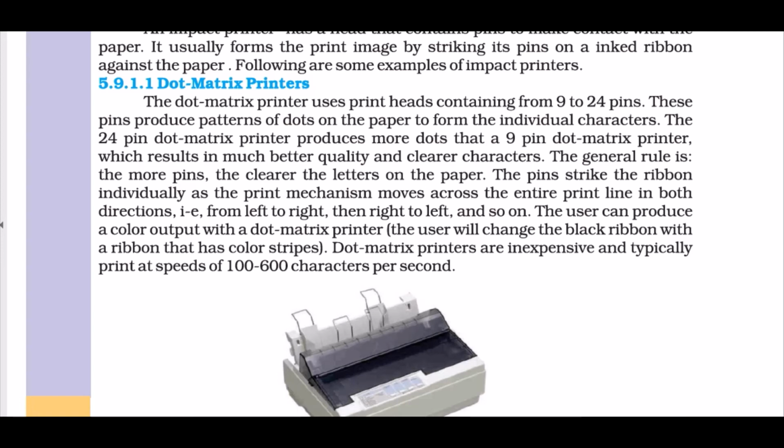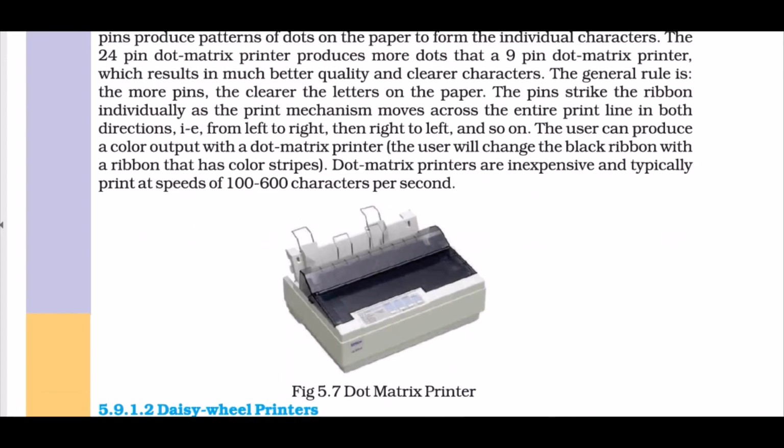The 24 pin dot matrix printer produces more dots than 9 pin printers. The more pins you have, the clearer the letter on the page. Dot matrix printers are inexpensive and typically print at the speed of 100 to 600 characters per second.